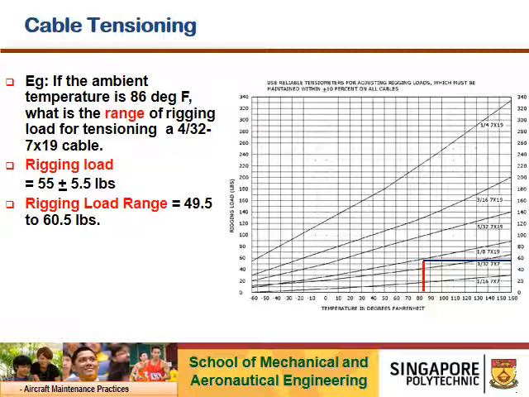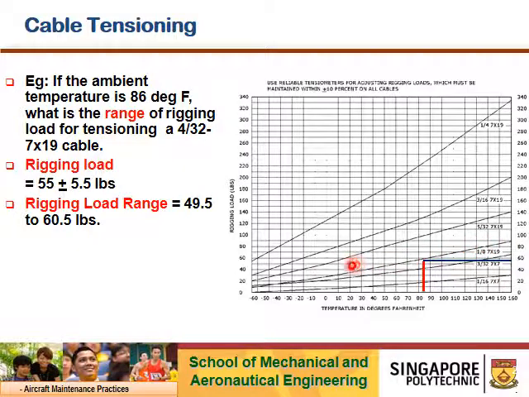So we look at 86 degrees F, draw a vertical line from there. Now 4/32 is 1/8, so this is the 1/8 7x19 line.